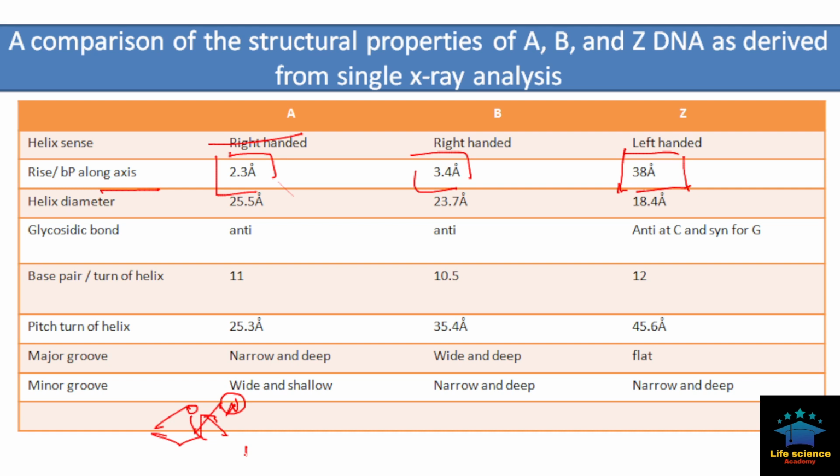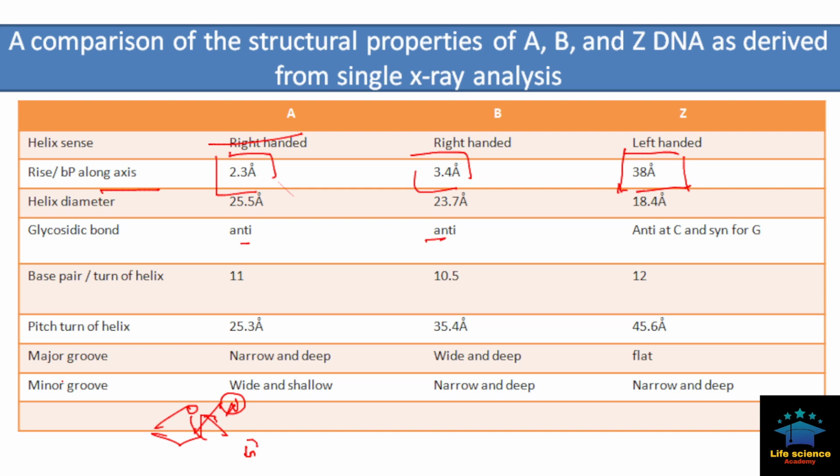If we talk about the major and minor grooves of DNA, in the B form of DNA the major groove is wide and deep.